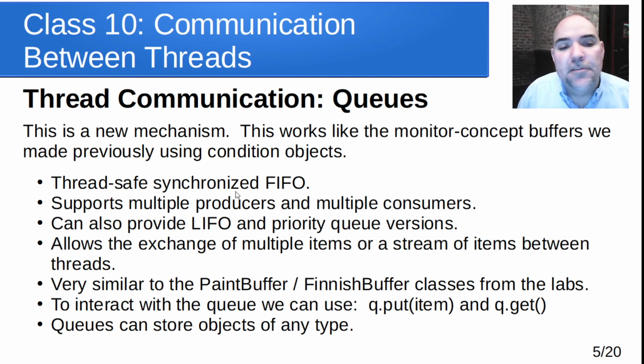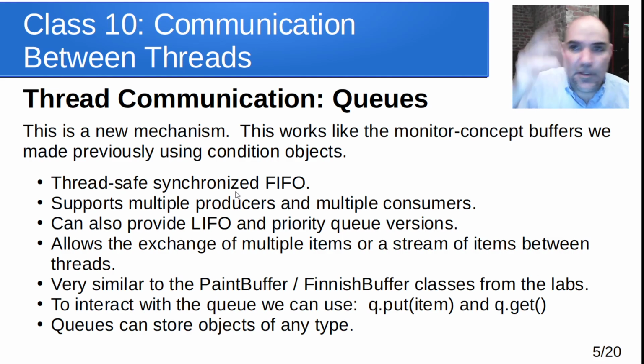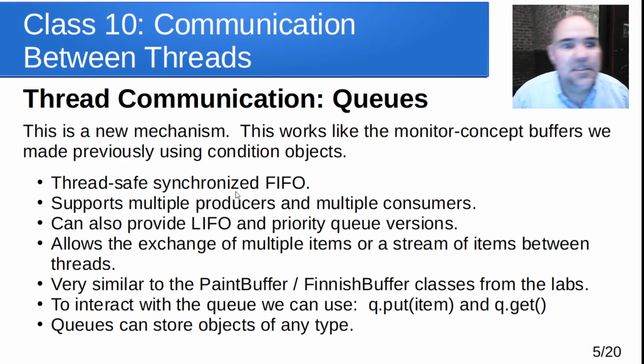There are versions of the queue that also provide last in, first out, which is essentially like a stack instead of a linear buffer. And there's also what's called a priority queue, which allows us to have the items in the queue kept in sorted order. In other words, you could put things in there where this is item 1, this is item 5, this is item 7, and it will always put them in sorted order, which allows you to create a system where more important things that go into the queue come out first and less important things come out later.